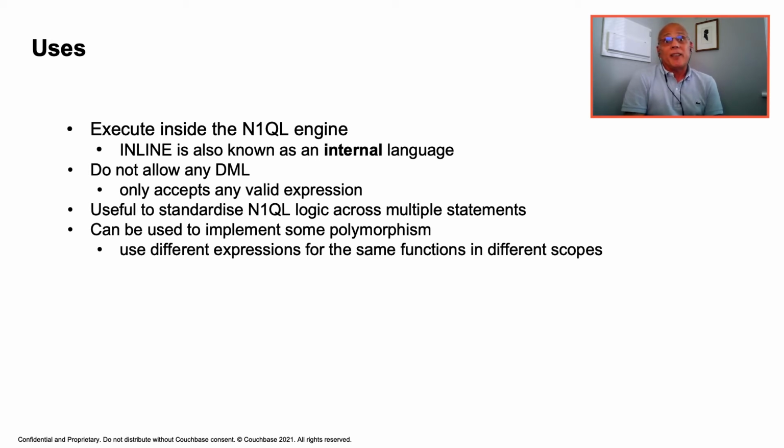And again, the big advantage of the inline functions is the fact that you can use it to implement some polymorphism. So where you specify an interface, which would be the actual function name, and then the behavior is different across the different implementations of the same function, and we will see this in a little bit.